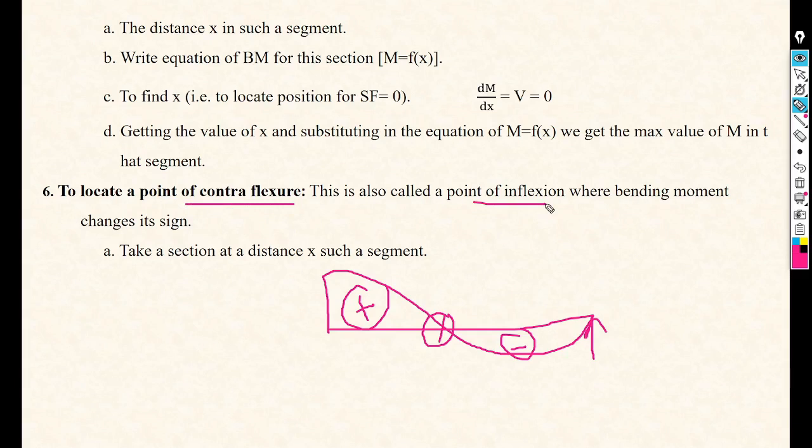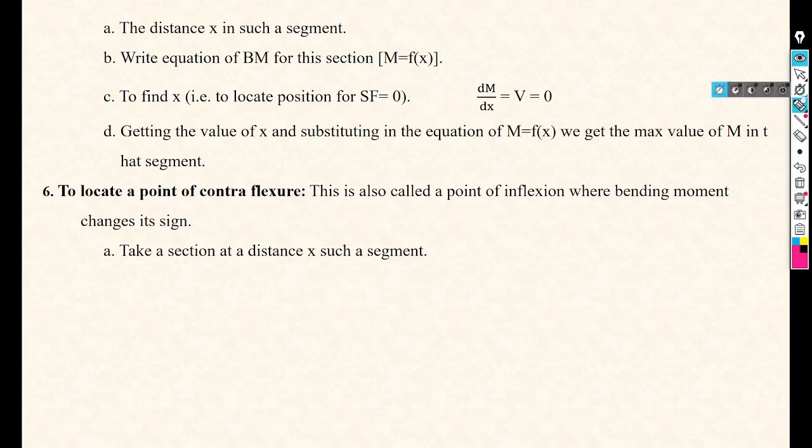In short, where the bending moment is zero, that point is a point of contraflexure or point of inflection. Two points are there: the zero shear point, where shear force is zero, and the point of contraflexure, where bending moment is zero.